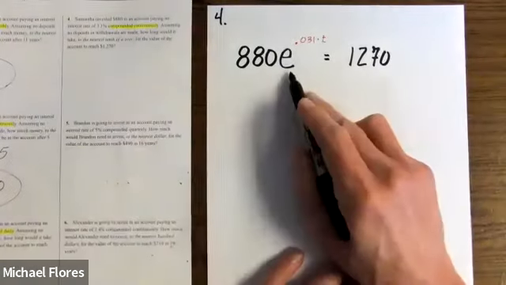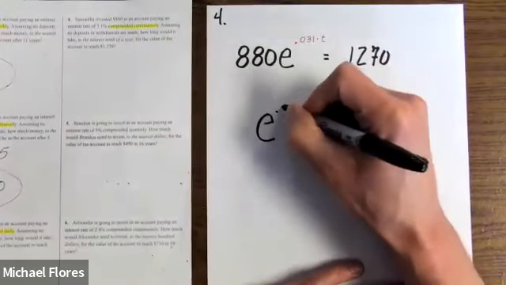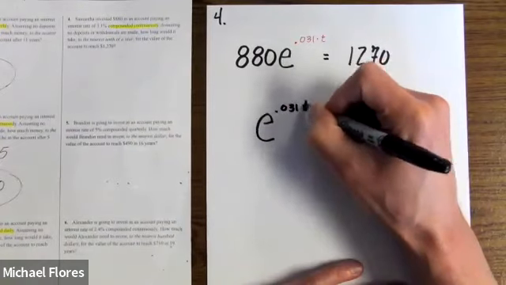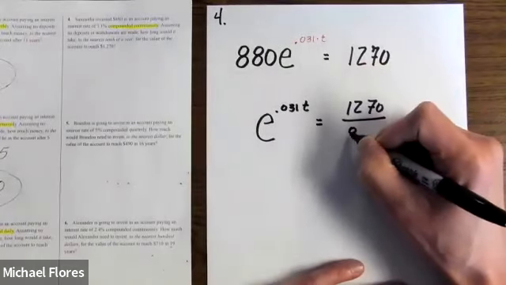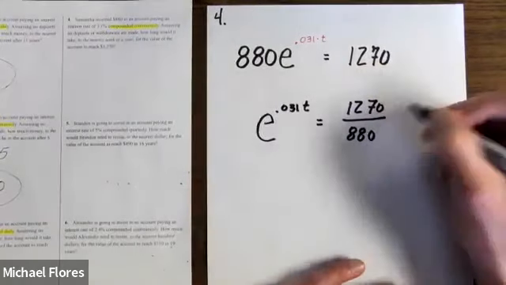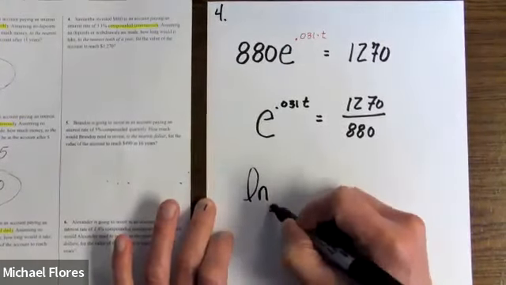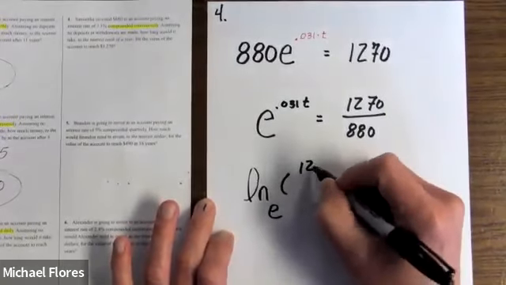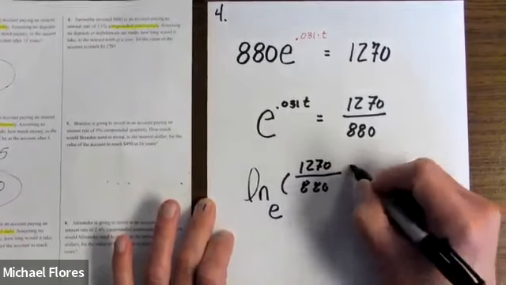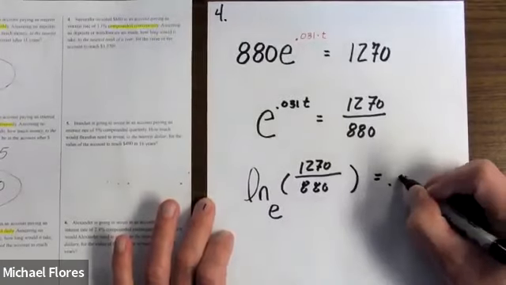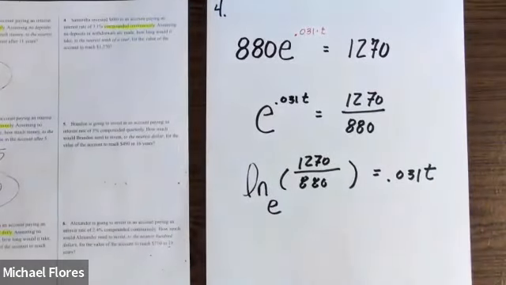We need to isolate the base and the exponent first. So divide both sides by 880. Okay, now we can convert to natural logarithms. So that would be ln base e, and now we can use our calculator.